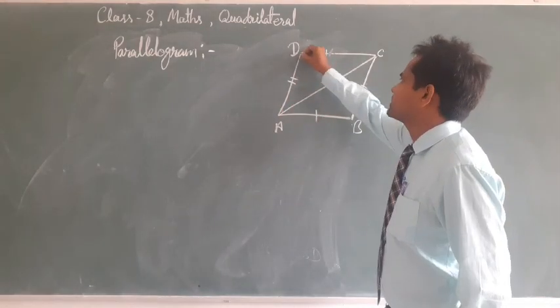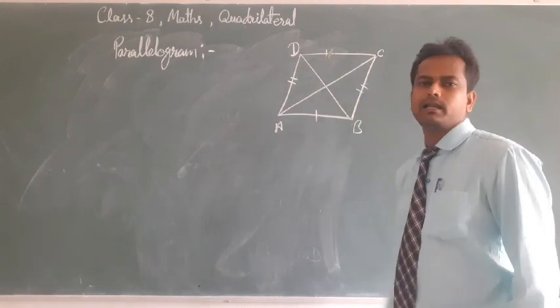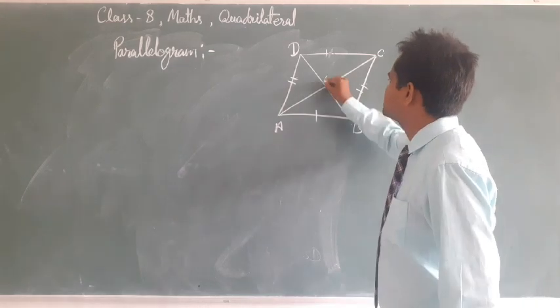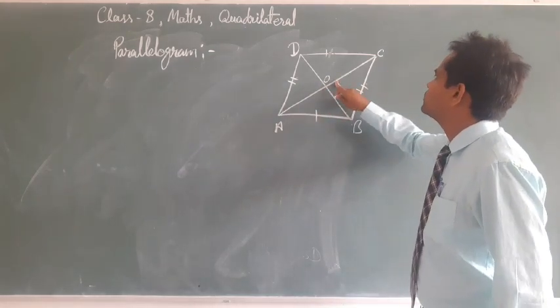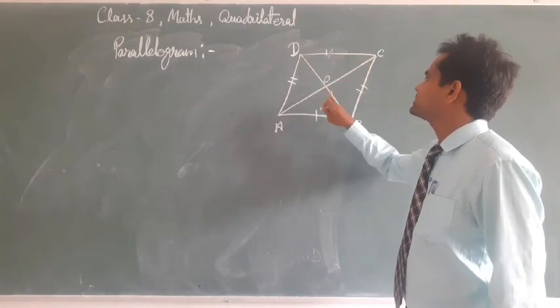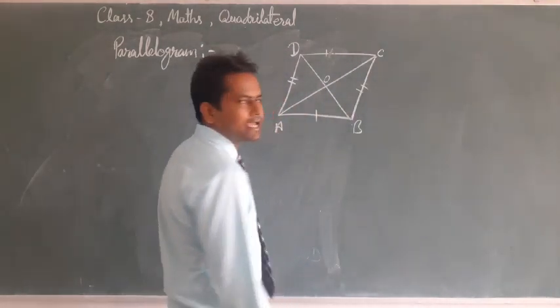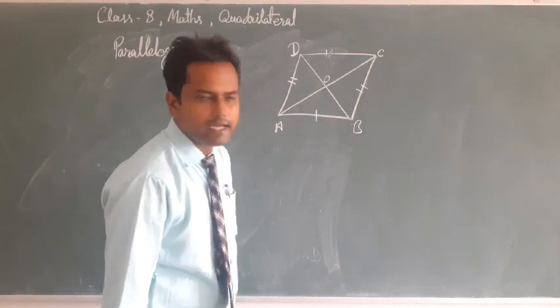One more thing, the diagonals of a parallelogram bisect each other. It means AO is equal to OC, OD is equal to OB, and opposite angles are equal.